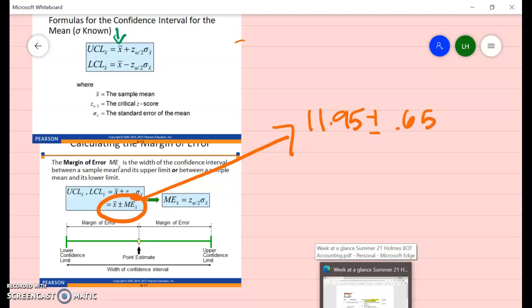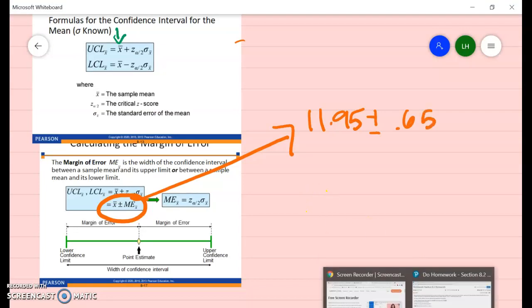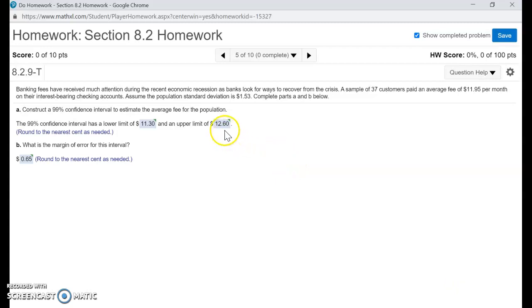If you do 11.95 plus 0.65, you're going to get 12.60. And then you do 11.95 minus 0.65 and you're going to get 11.30. So that's how you calculate the margin of error in Excel.